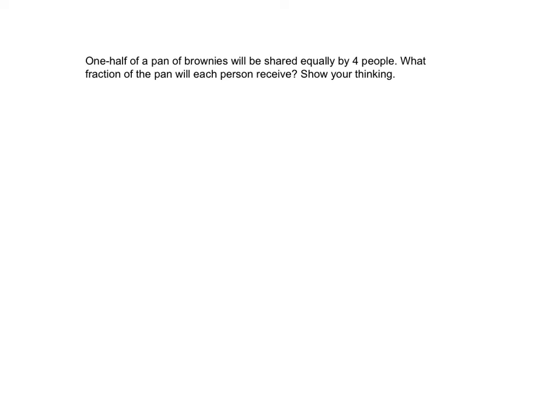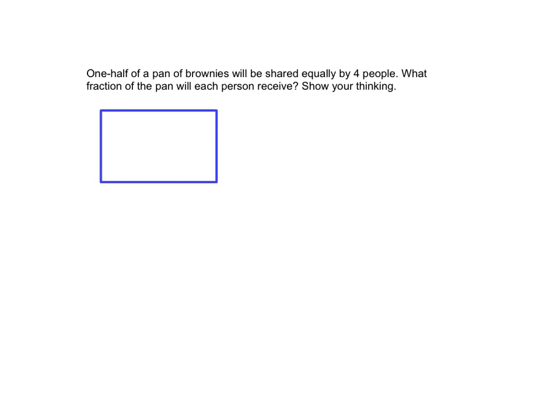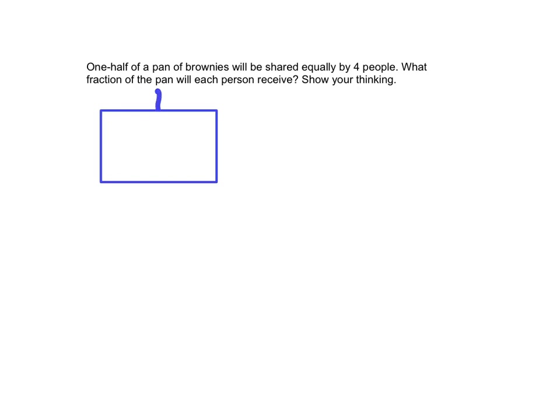I'm going to solve this using a visual model. So I'm going to make a pan, and I know that half of it will be left, and we're just talking about this part, and I'm going to be sharing that with 4 people.